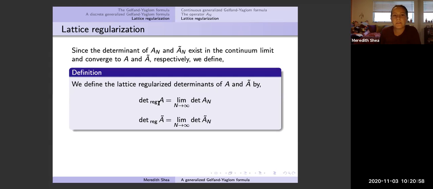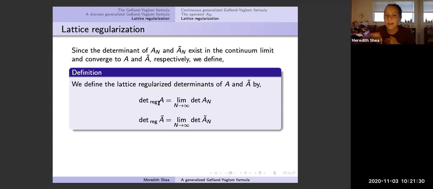So what do we want to do? We have the determinants of A_n and A tilde_n. They exist in the continuum limit. And then the operators themselves converge to A and A tilde respectively. So we want to define a different kind of regularization here, different from the Zeta regularization, but hopefully the same in terms of actual computation.